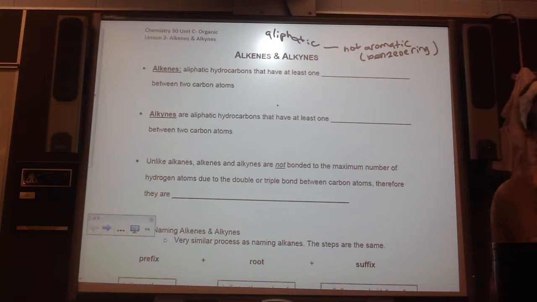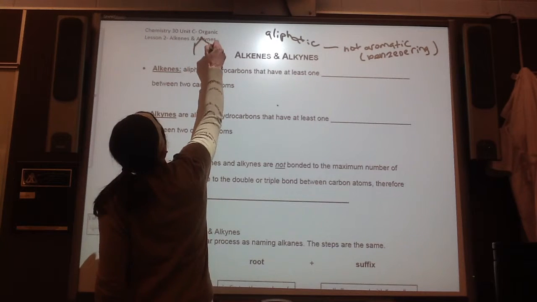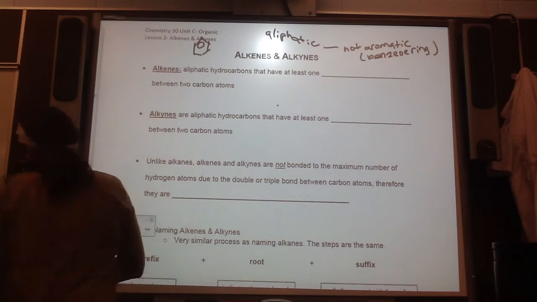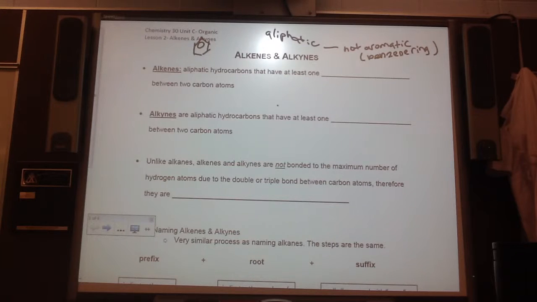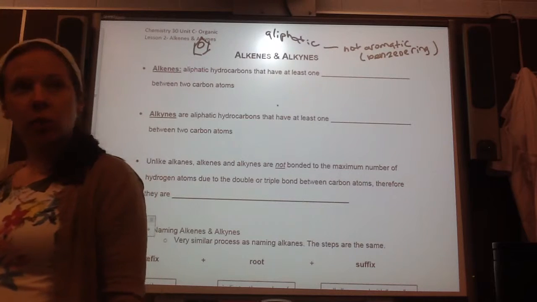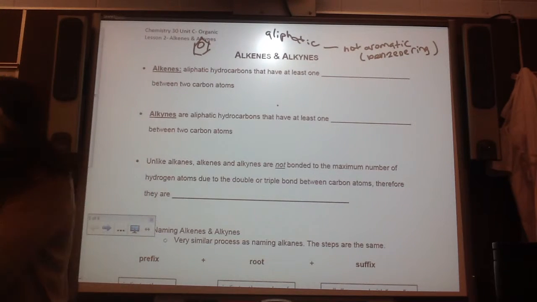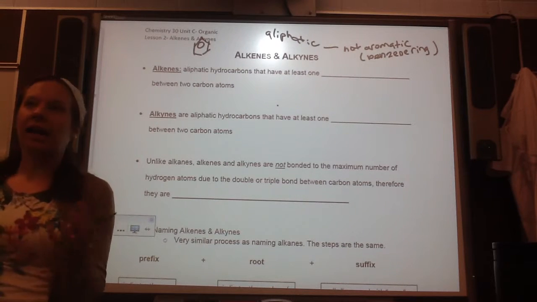A benzene ring looks like that. I draw it big here. That's a benzene ring. It's a 6-carbon cyclic molecule, but I won't go into more detail right now. Just know everything that doesn't have that is called an aliphatic.